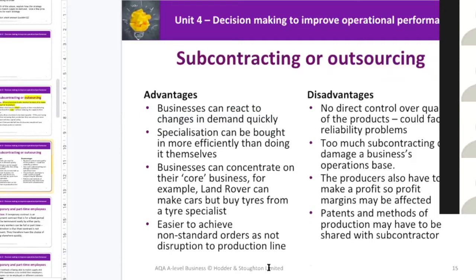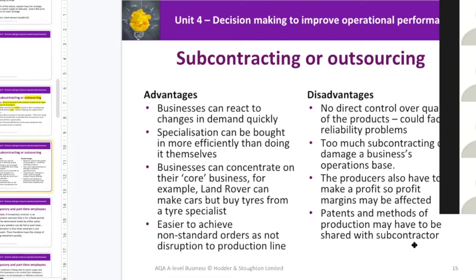Maybe they are fast and they have cheaper supply. If anything in demand changes, we can quickly tell the outsourcing company, oh, we need to increase our supply. We need to have more people working. But because outsourcing companies are normally cheaper, they can cope with this.